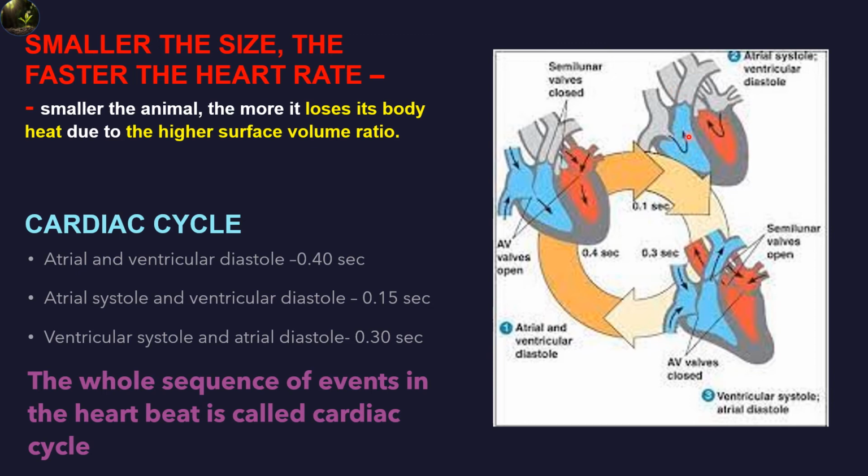At that time the tricuspid and bicuspid valves will close. That's why which sound will be produced? That is the lub sound. Lub sound is due to ventricular systole. That happens for 0.30 seconds. Then all this sequence of events in the heartbeat is called the cardiac cycle.